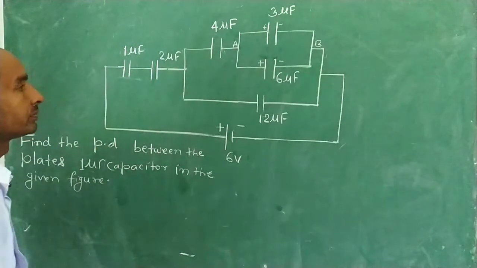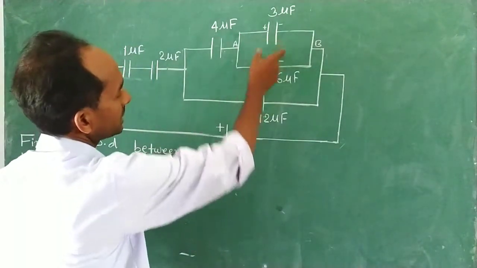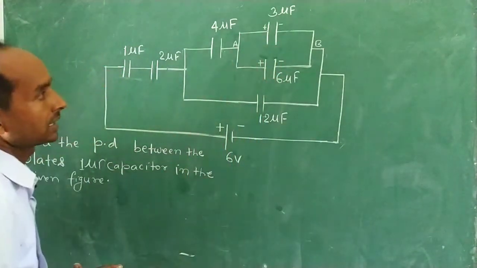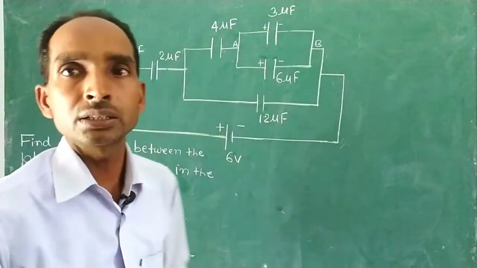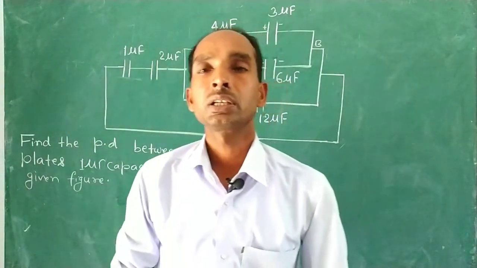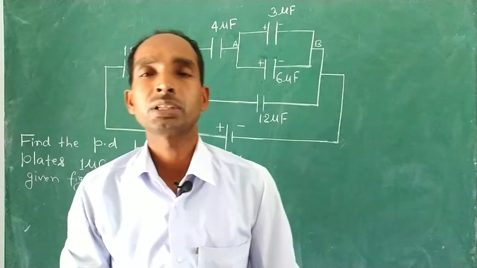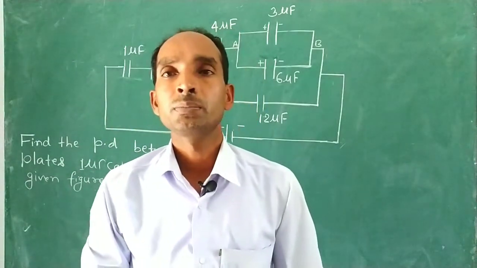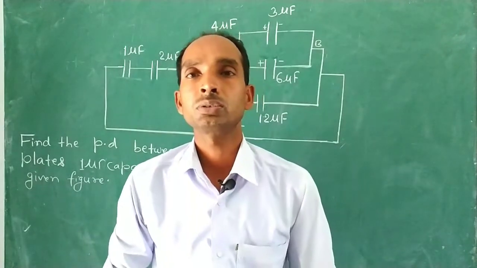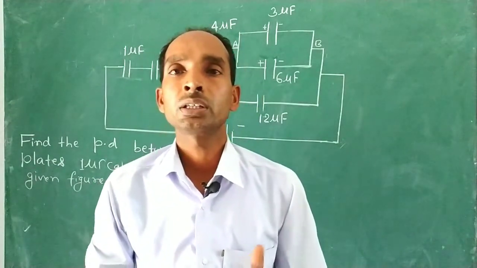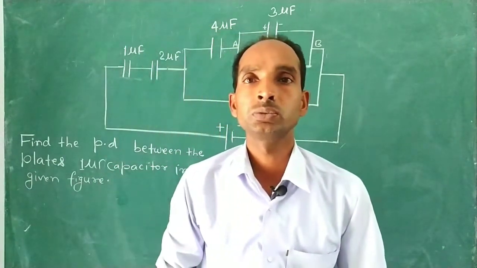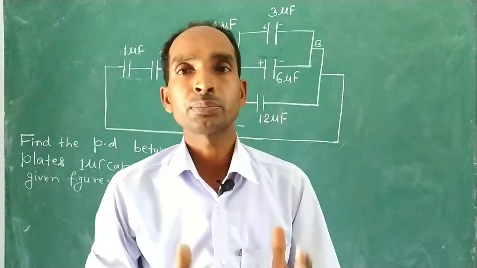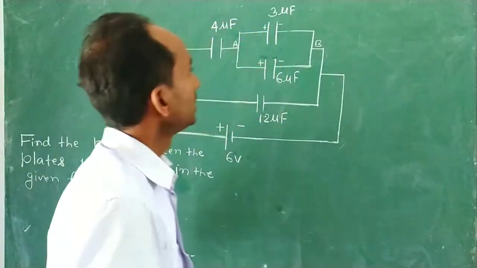So, here these capacitors are connected in parallel combination, and we know that in parallel combination the equivalent capacitance is given by C equal to C1 plus C2, where C1 and C2 are the capacitances of the two capacitors.